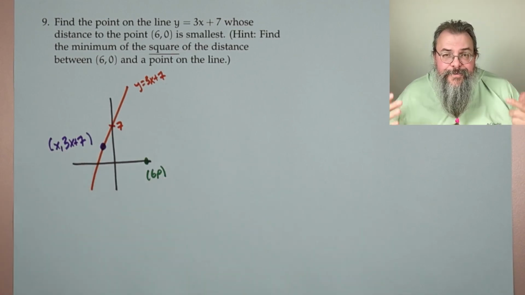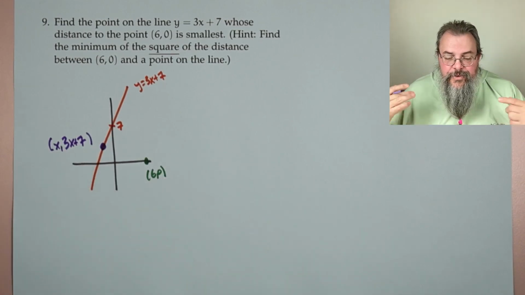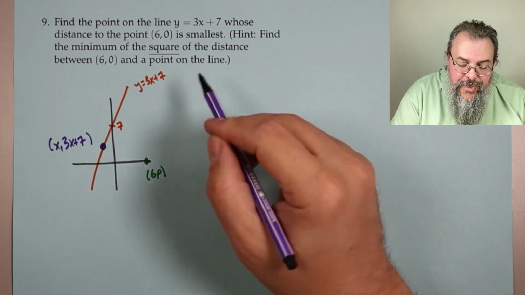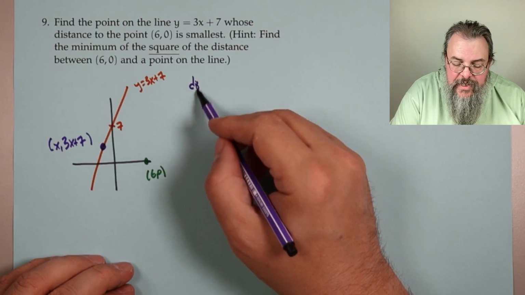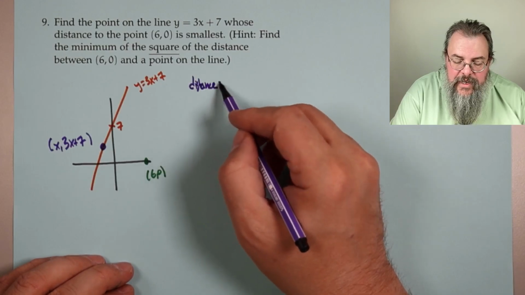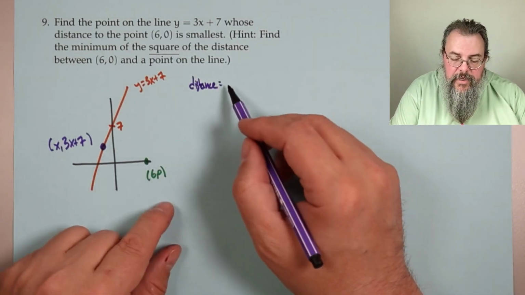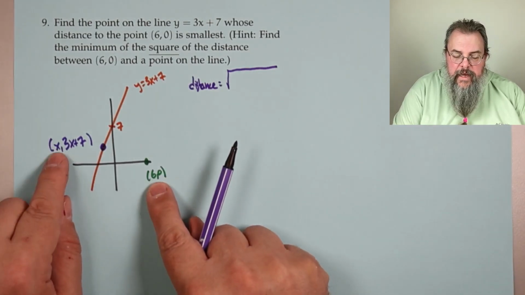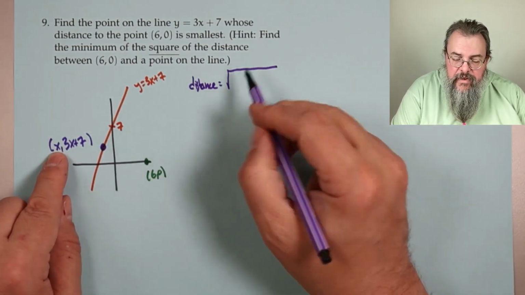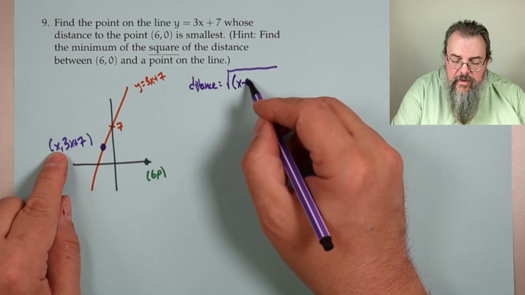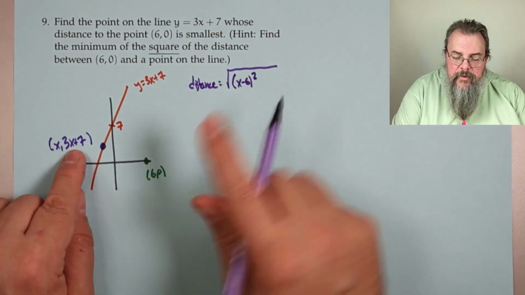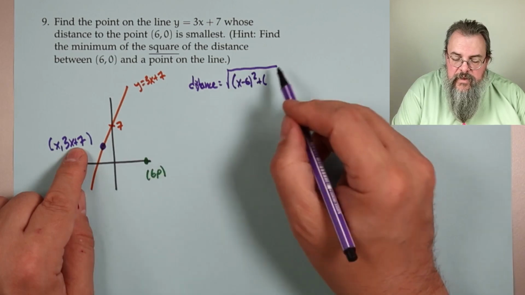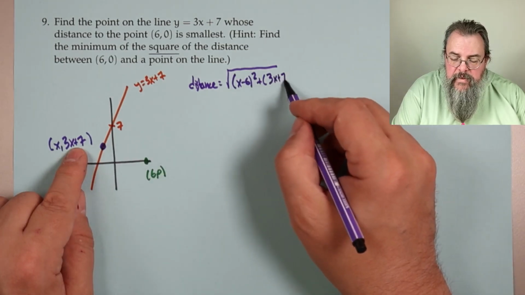But we're going to be smart, because distance normally has a square root. So let's write down the generic formula. It would be the square root of: you take x, subtract 6, and square it, and add 3x plus 7, subtract 0, and you would square that.